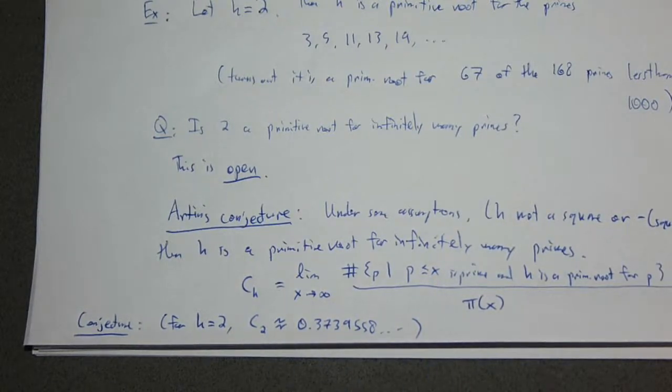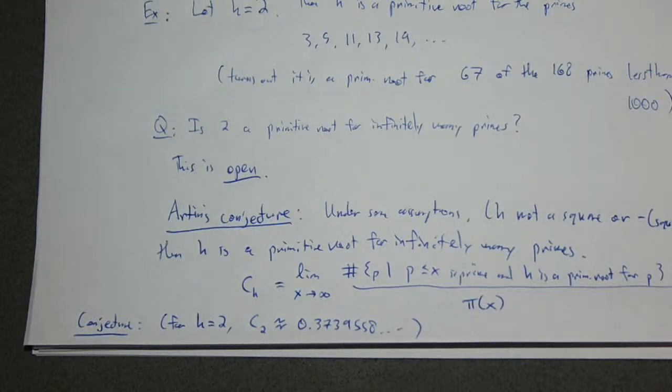And as I said, I think the best result is that there are at most 2 primes that are not primitive roots for infinitely many primes. So while it's not known if 2 is a primitive root for infinitely many primes, if you consider 2, 5, and 17, then it's known that at least 1 from that list is a primitive root for infinitely many primes.